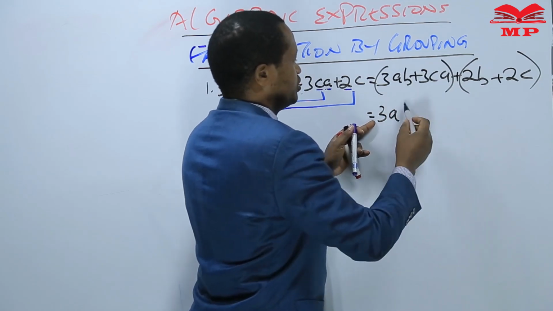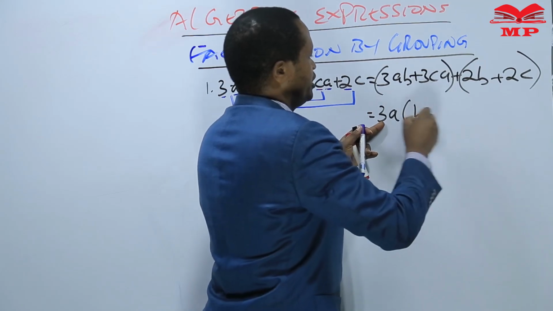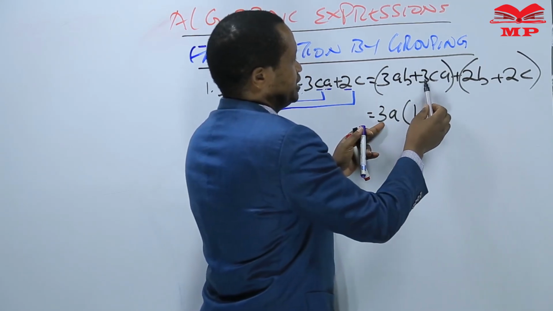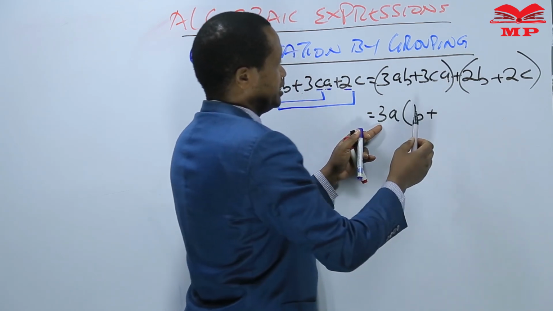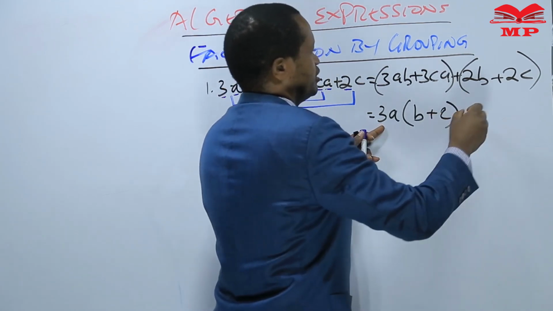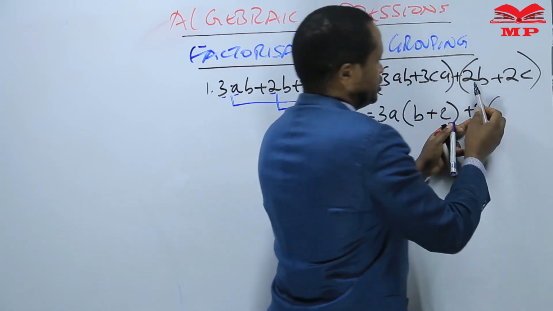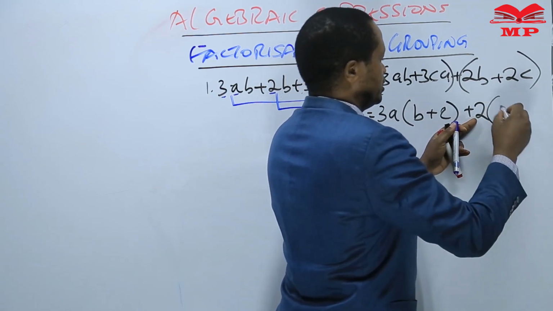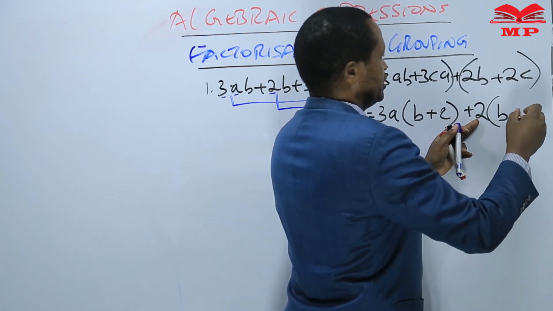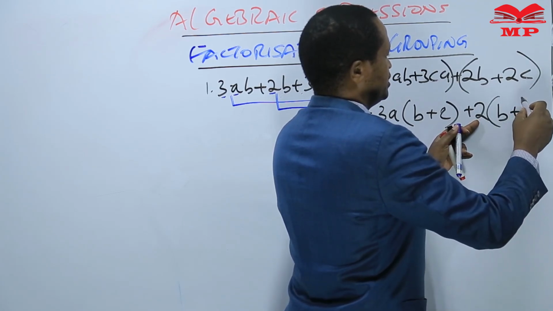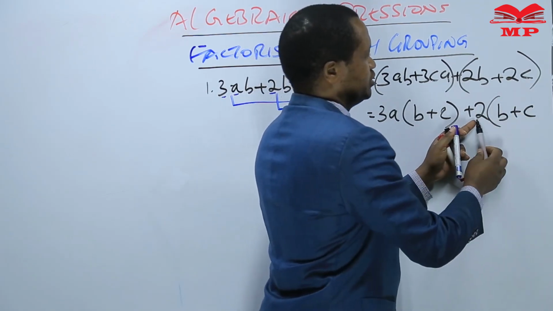So 3ab divided by 3a is equal to b, plus 3ca divided by 3a is equal to c. Plus 2 is common here. So 2b divided by 2 will give us b, and 2c divided by 2 is equal to c.